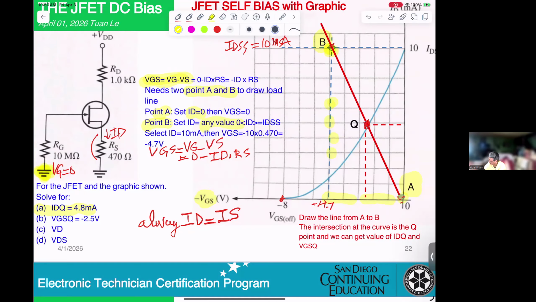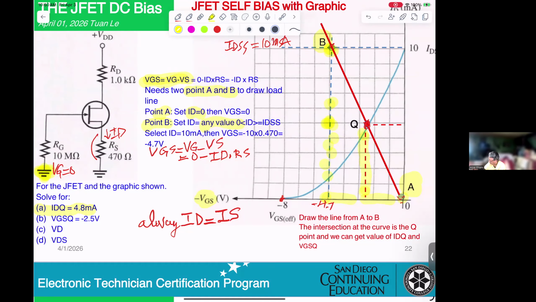Okay, you go to the left, and that's why you can see in here 1, 2, 3, 4, 5 milliamp. VGSQ, you going down here.